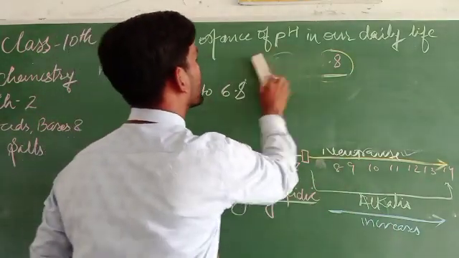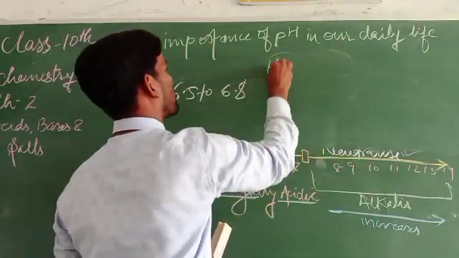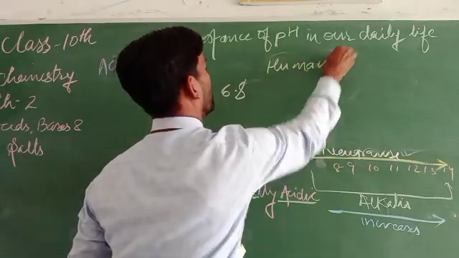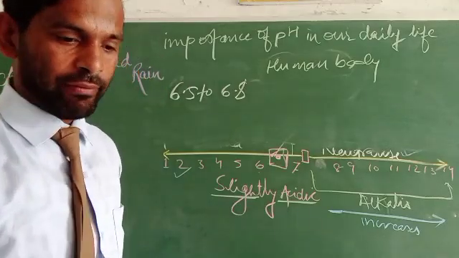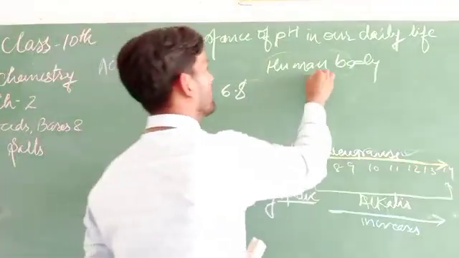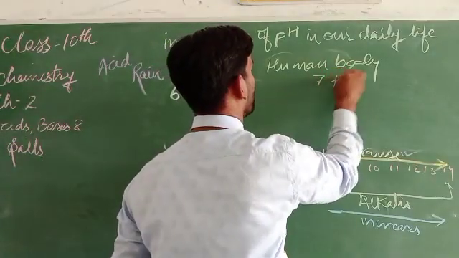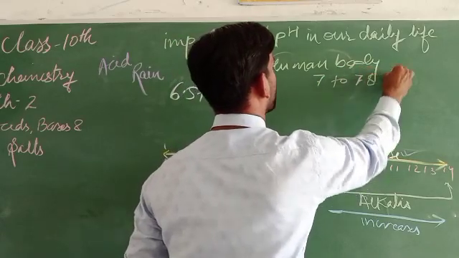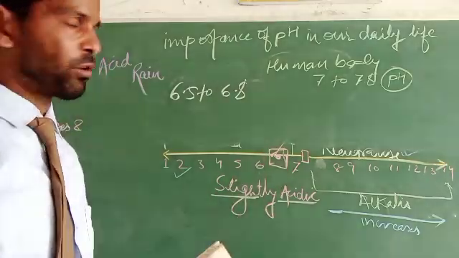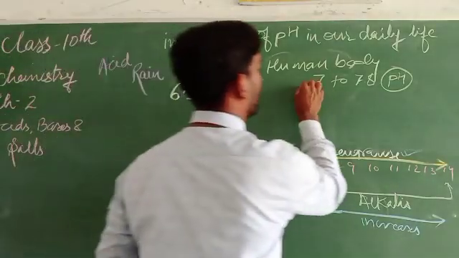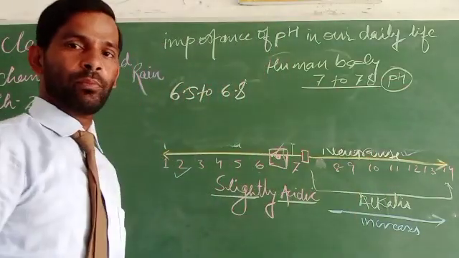The human body shows a pH value of 7 to 7.8. I'm sorry, wrong information is written on the board.